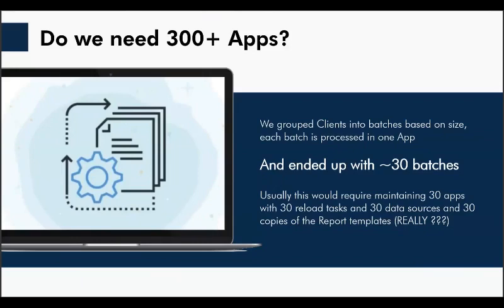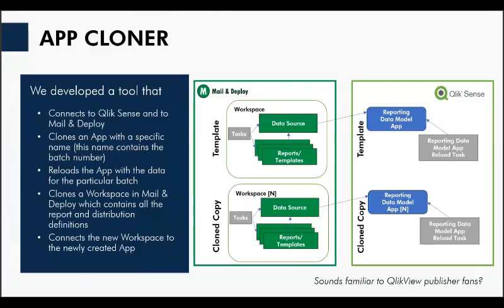The batches are calculated automatically. And Mail-in Deploy designed and developed an extension for us, which we call App Cloner. This is an amazing extension. I think it should be sold as a separate product by Mail-in Deploy. So what it does, it's a utility that we can call from either Mail-in Deploy or from Qlik Sense.